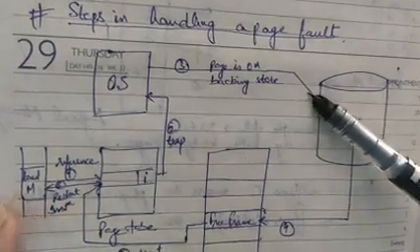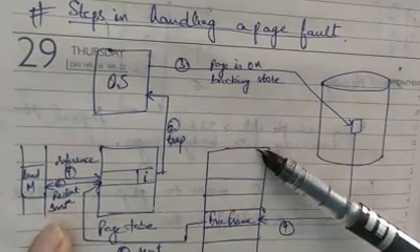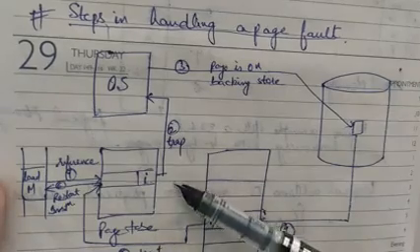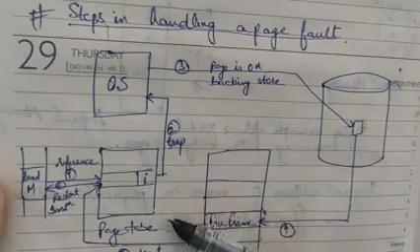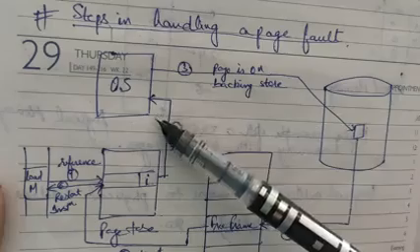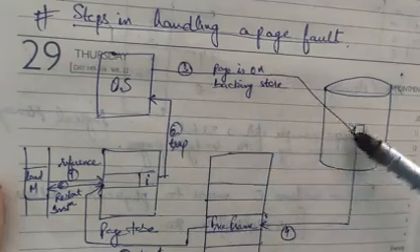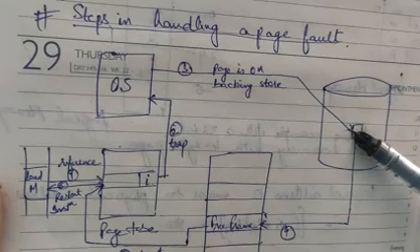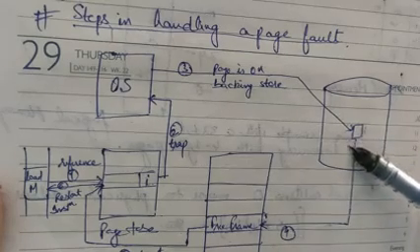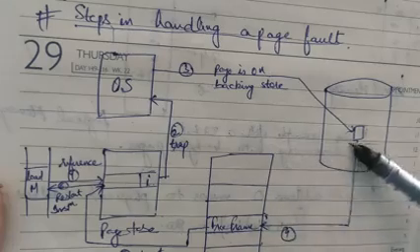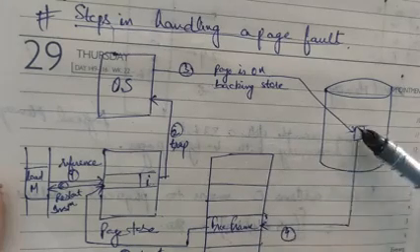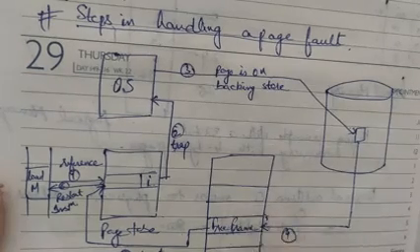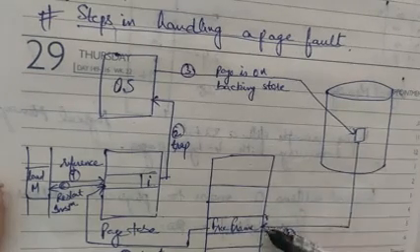What is the first step? First we reference the page table. If the page is in the page table, then it is fine. If it is not in the page table, it will result in a trap to the operating system. Then we are supposed to locate the page on the backing store. After that we need to find a free frame and load the page into the free frame.